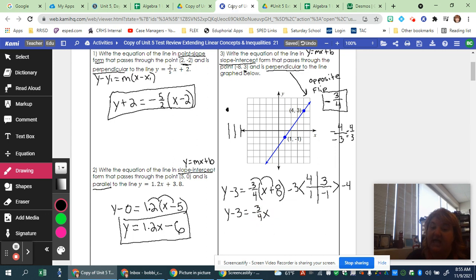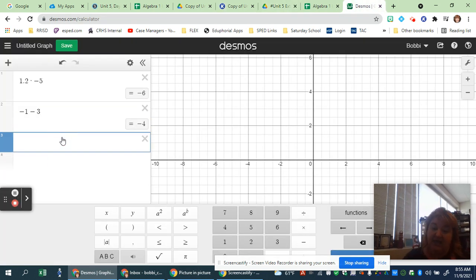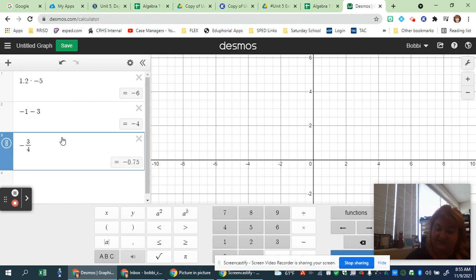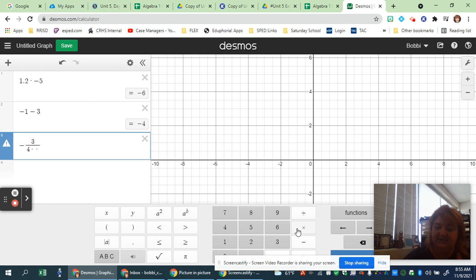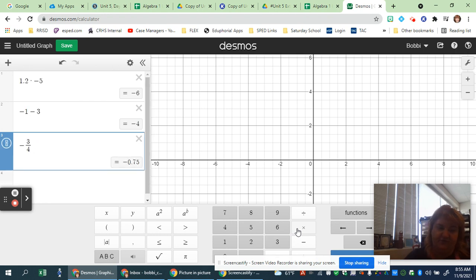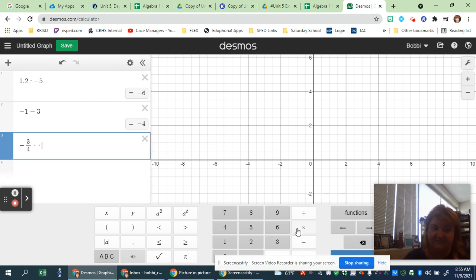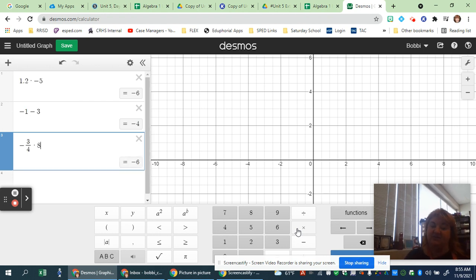Y minus 3 equals -3/4 x. If you don't know -3/4 times 8, go right here and say -3/4 and then go times, oops, kind of have to move over first, and then go times 8. There's my answer, -6.